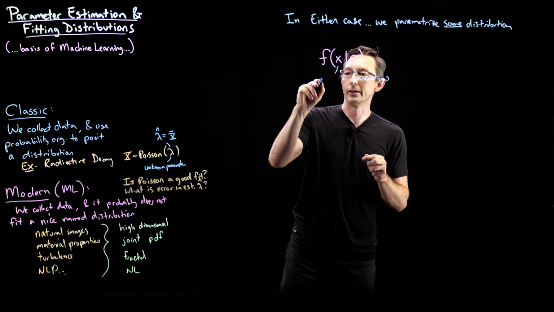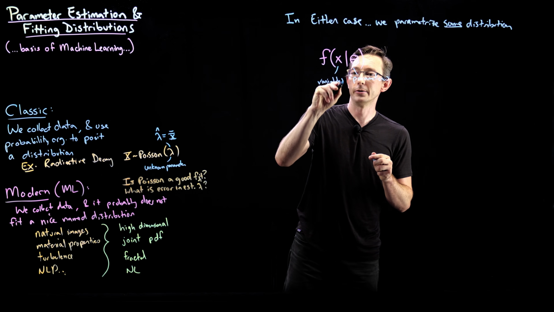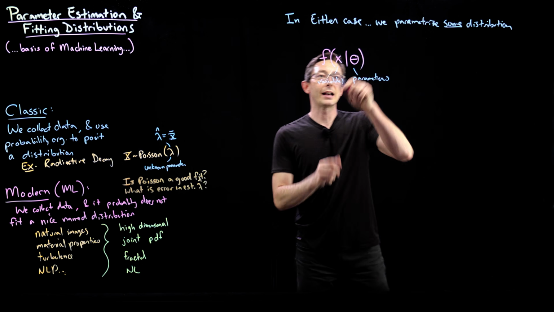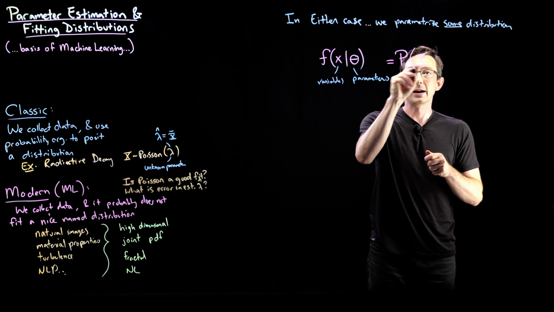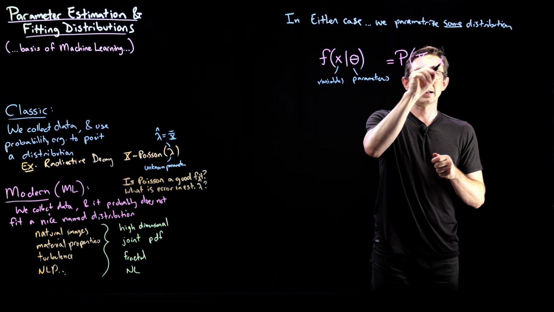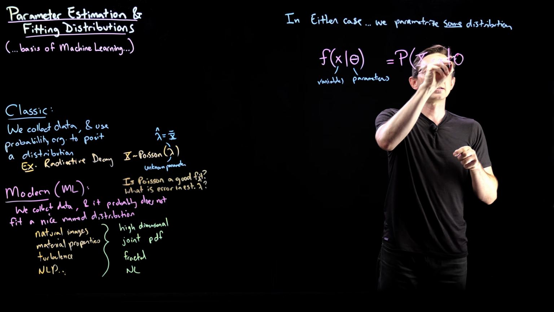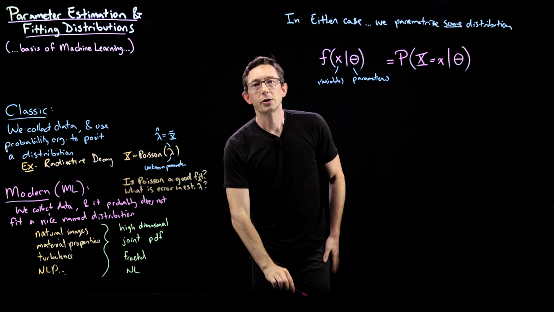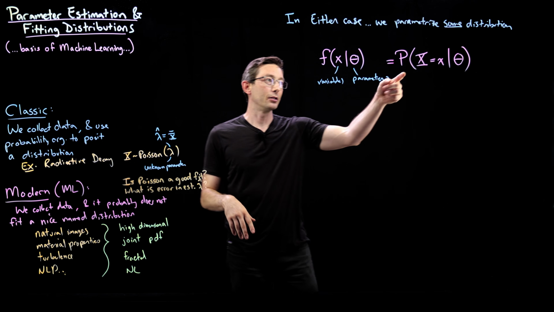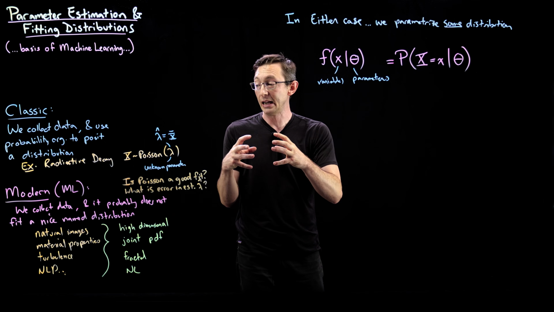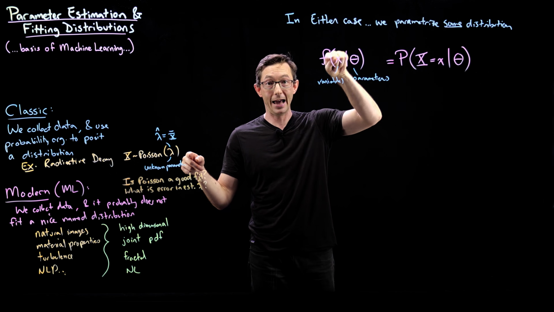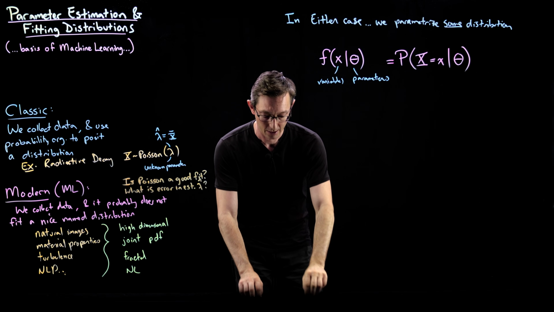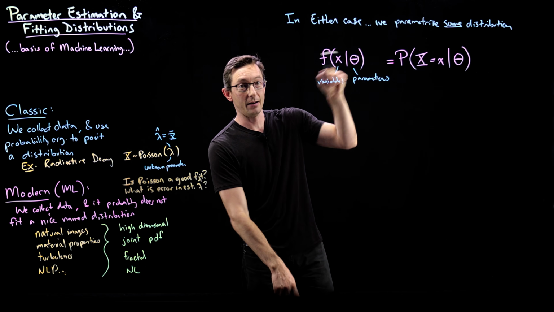And this is our random variables. And this f of x given theta is literally the probability that our random variable equals this value x given the parameters theta. So for example, in this Poisson example, you could literally take the Poisson PDF as a function of lambda, and that would be this function of x given theta.